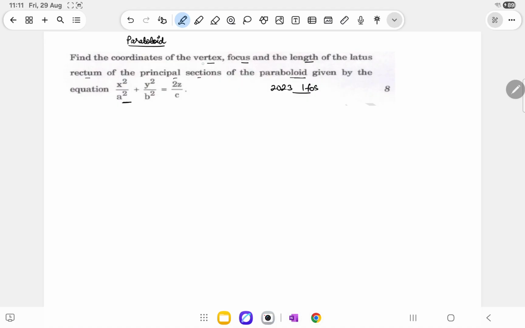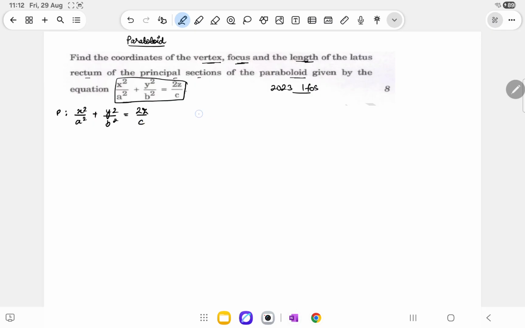So we're supposed to find the vertex, focus and length of latus rectum of the principal sections of this paraboloid. The given equation of paraboloid is x square by a square plus y square by b square is equal to 2z by c.